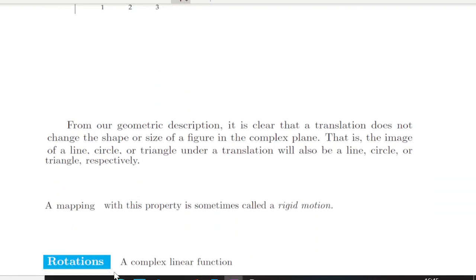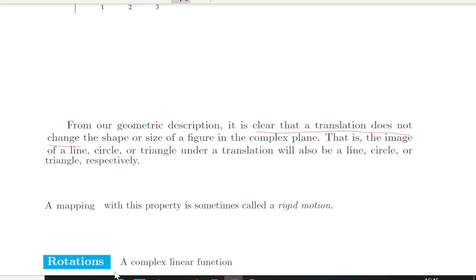From the geometric description, it is clear that translation does not change the shape or size of a figure in the complex plane. We started with a square and ended with a square only.